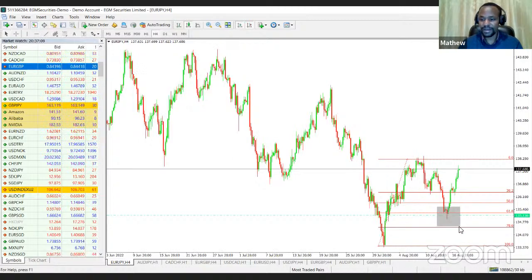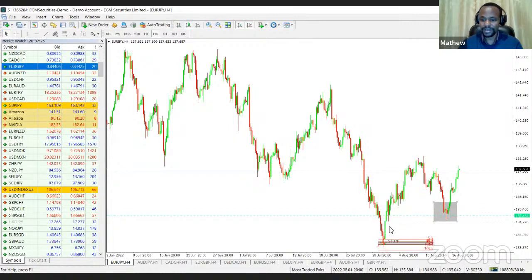Looking at that pin bar down there, it is occurring at a point where we have 61.8, the price retracing 61.8% off this small uptrend here. And then we have a pin bar and a good confirmation.